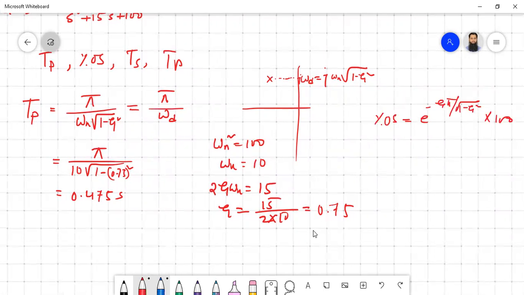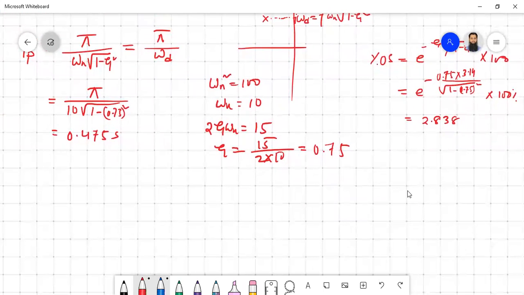We already know the value of zeta, so e to the power minus 0.75 into 3.14 approximately, divided by root over 1 minus 0.75 whole square, into 100. That will give you a value closer to 2.838%.